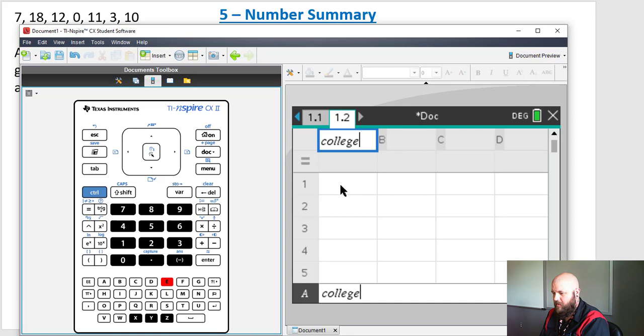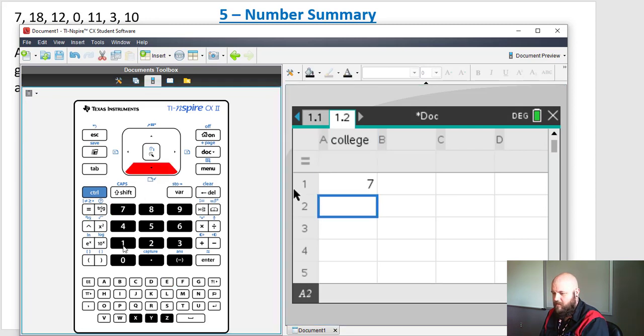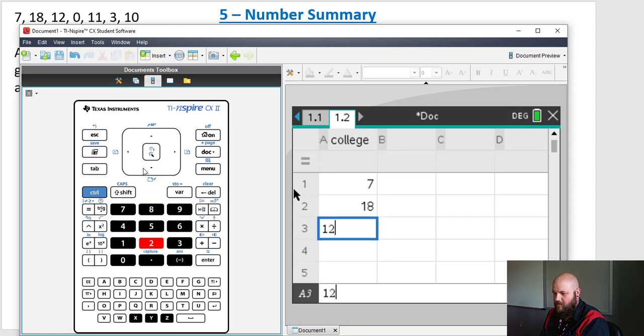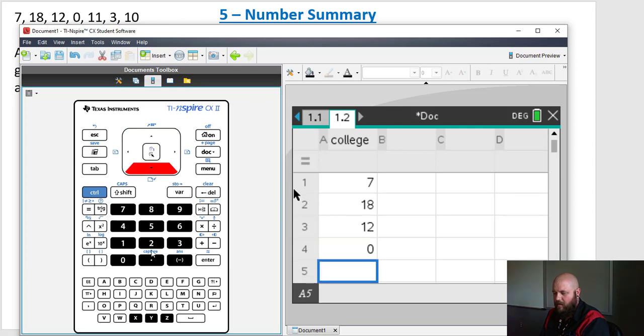All right. We're going to say we got 7, 18, 12, 0, 11, 3, and 10. Alright, so then when you have those values, we have 7, as you can see right there. And then number 7 is where 10 is.